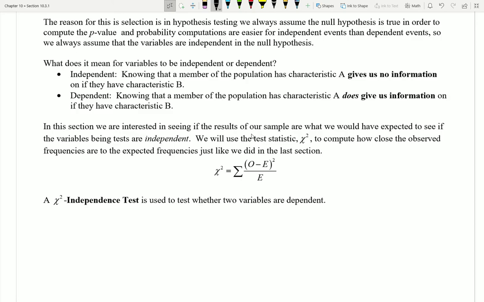And we will use the chi-squared test statistic to compute how close the observed frequencies are to expected frequencies, just like in the last section.